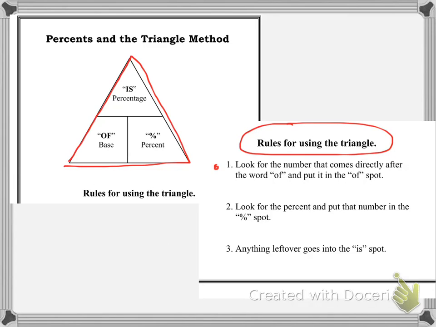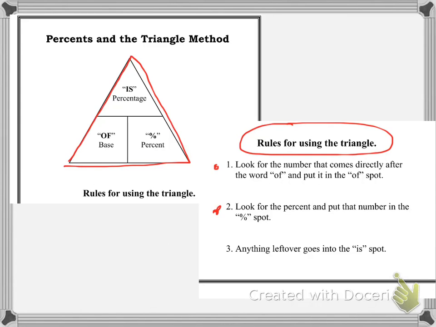If I'm going too fast, pause, rewind, do something so you get these notes down. Number two, look for the percent and put that number in the percent spot. So look for the percent somewhere in your word problem and put that number in the percent spot.